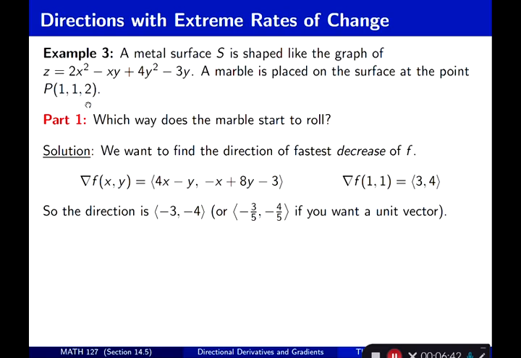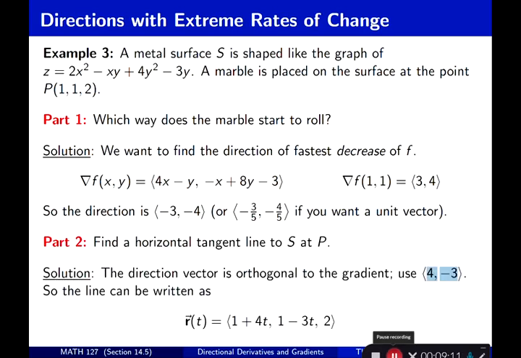You plug in the x and y of the point, because 2 is just the z value in the function, and find the gradient at the point (1, 1). The direction (-3, -4), or you can show it as a unit vector, is the direction the marble starts to roll.